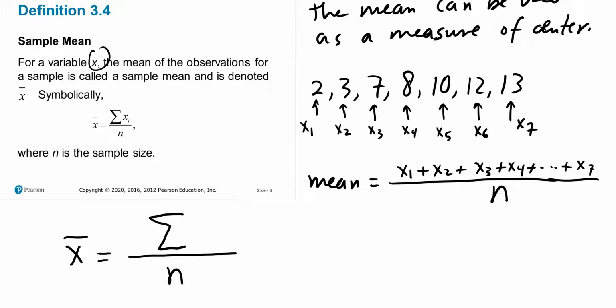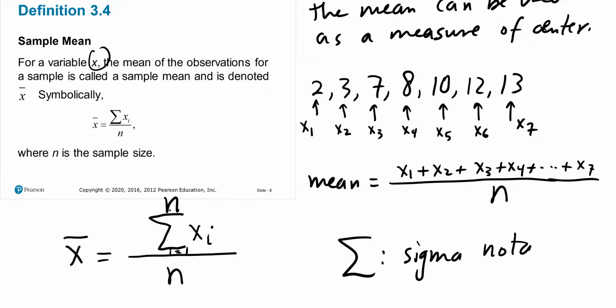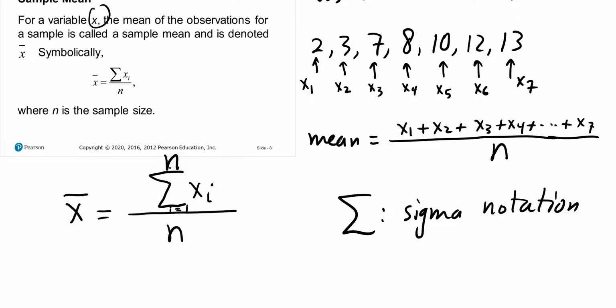This is a capital letter sigma, x sub i, where i ranges from 1 to 7 in this case. In general, if you have n entries, it's 1 to n. This is sigma notation. And n is the total number of entries, the number of observations, which we can call the sample size.